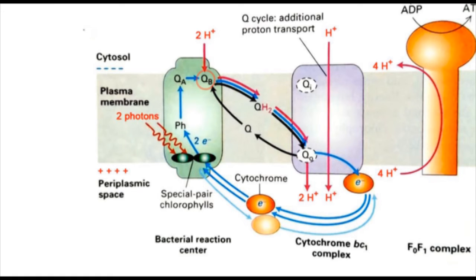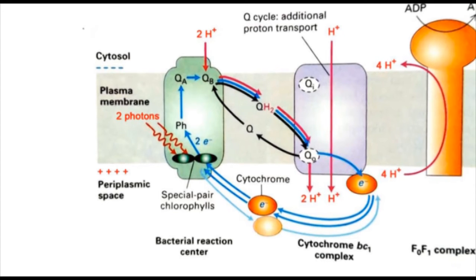The quinone then binds two protons from the cytosol, forming the reduced quinone QH2, which is then released from the reaction center. QH2 diffuses within the bacterial membrane to a Q0 site on the exoplasmic face of the cytochrome bc1 electron transport complex, similar in structure to complex 3 of mitochondria.